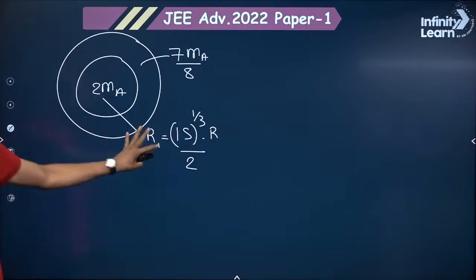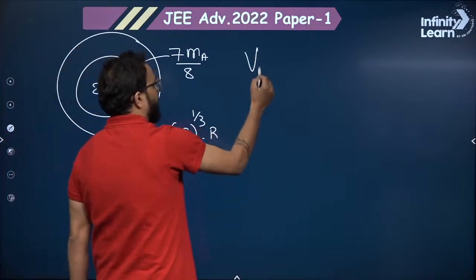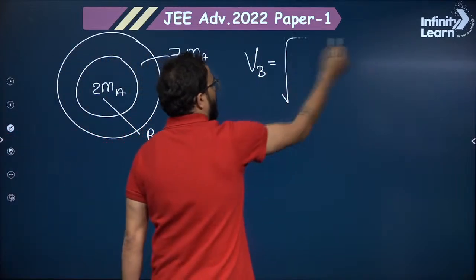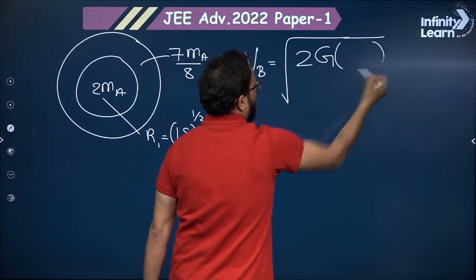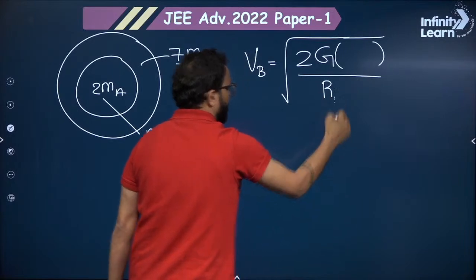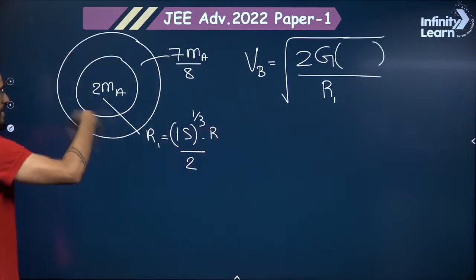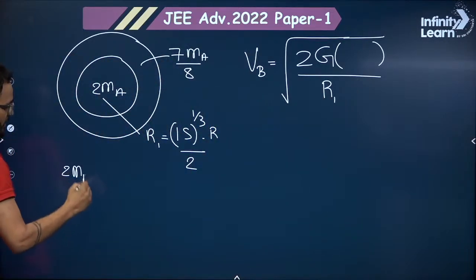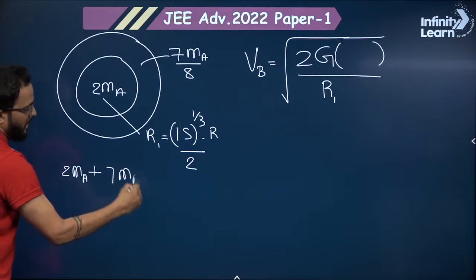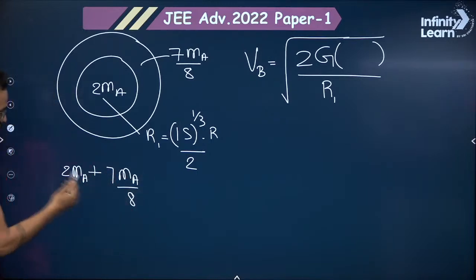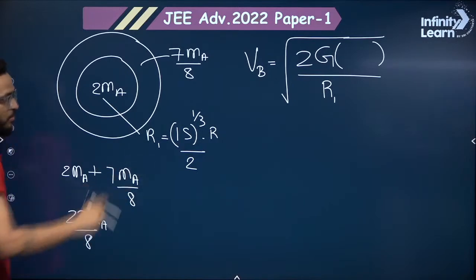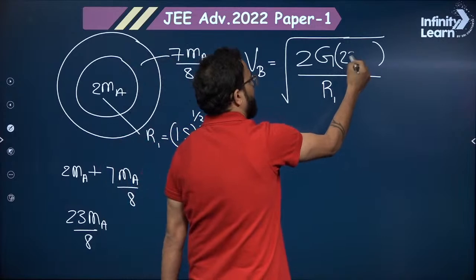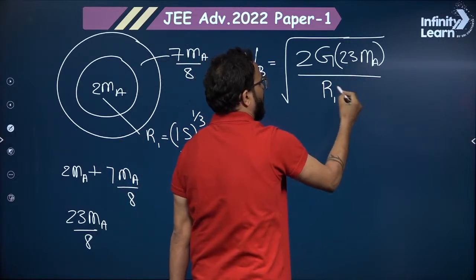So Vb will be root over 2 into G into total mass upon r1, right? Now what is total mass inside? 2 Ma plus 7 Ma upon 8, so it will be 23 Ma upon 8.